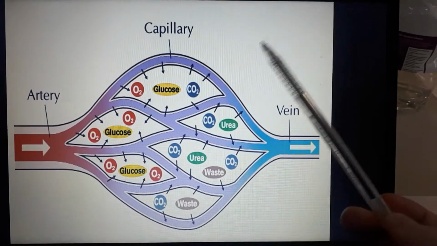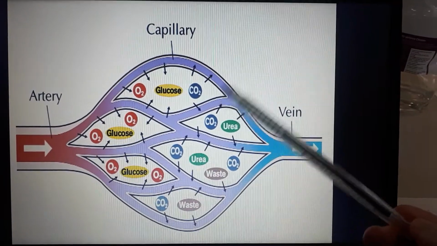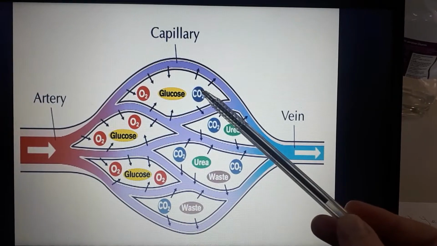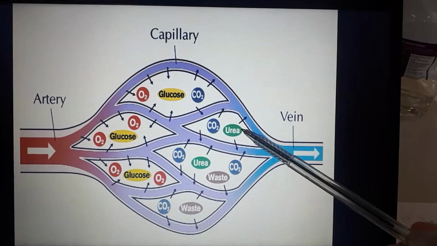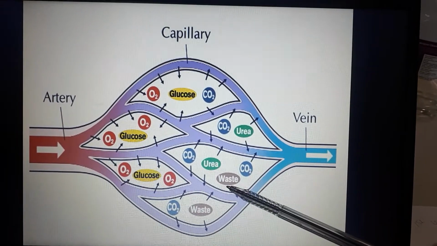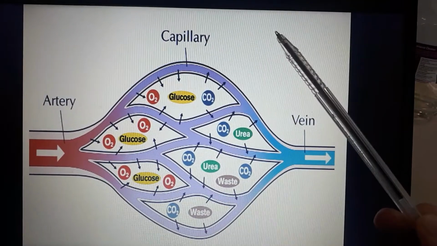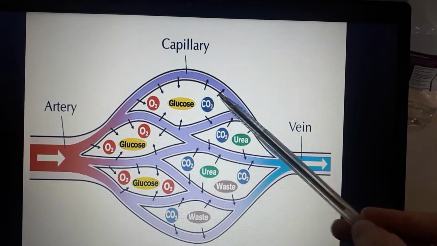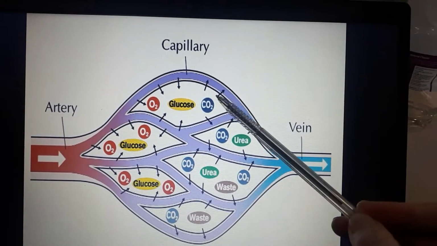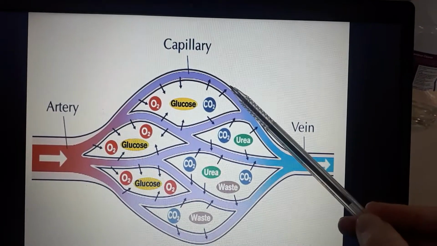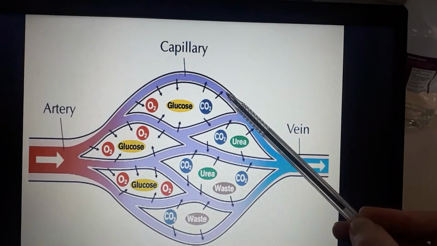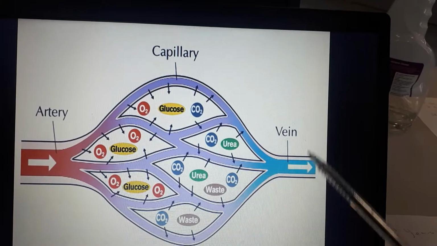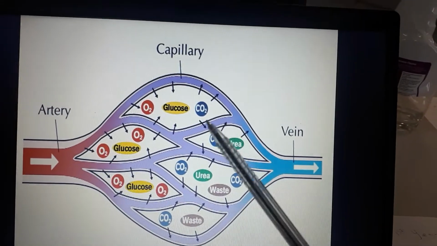And when they do that, they are going to produce wastes. Some of the wastes that my cells produce are carbon dioxide, urea, and then just other wastes. And again, because my capillary walls are so thin, my carbon dioxide, my urea, my wastes, can go from my cells into the capillaries. And then this is brought back to the heart using my vein.